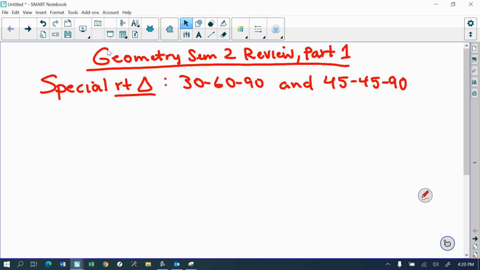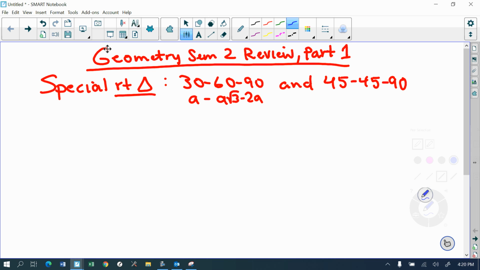Okay, so the relationship on the side lengths: A, A root 3, and 2A. There is no difference between using the letter A and using the letter X. Those are the exact same thing.